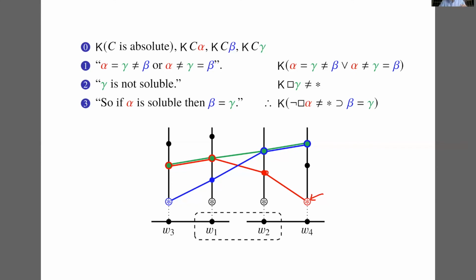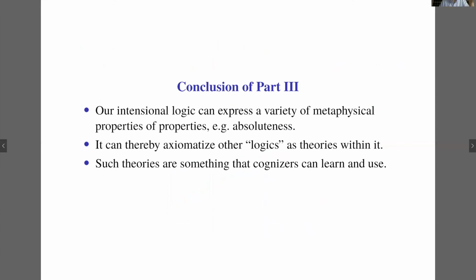So let me first conclude this part and the talk. The upshot is that our intentional logic has such a strong expressive power that metaphysical properties like absoluteness can be expressed in this logic, and therefore we can axiomatize other quantified modal logics by Kripke or Lewis or Gallin as theories within this logic.